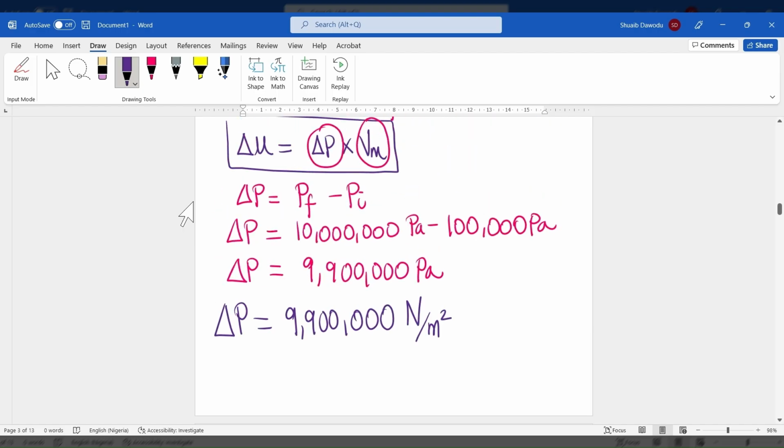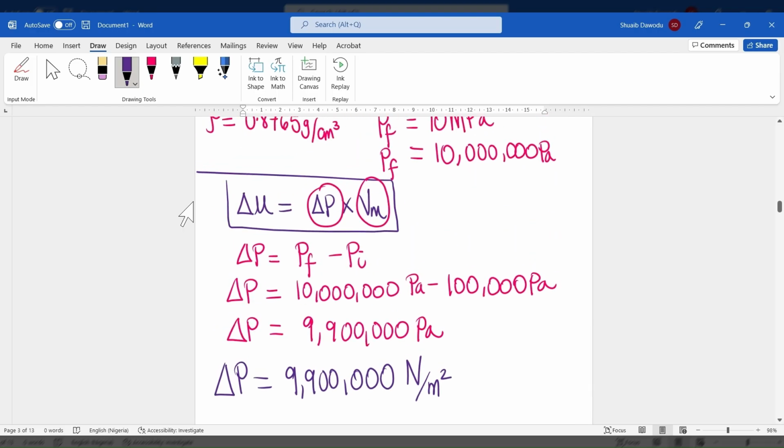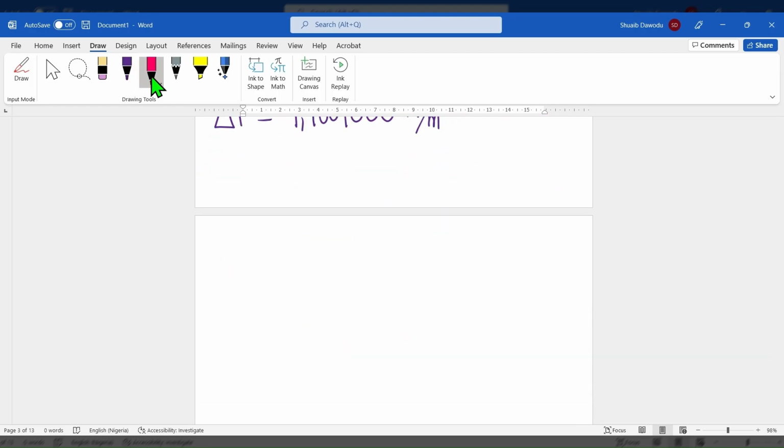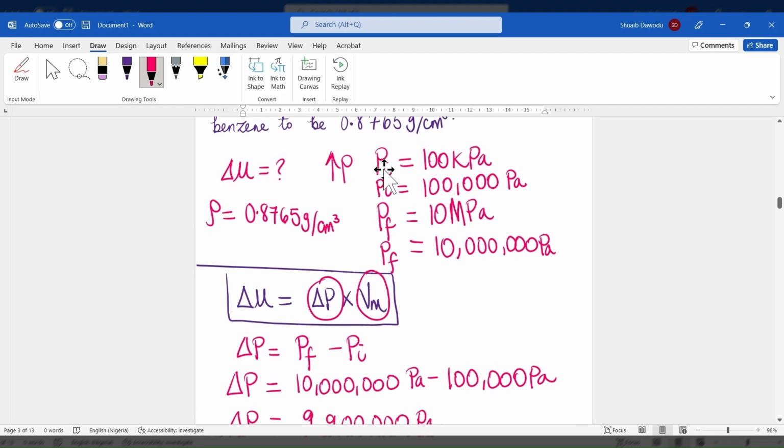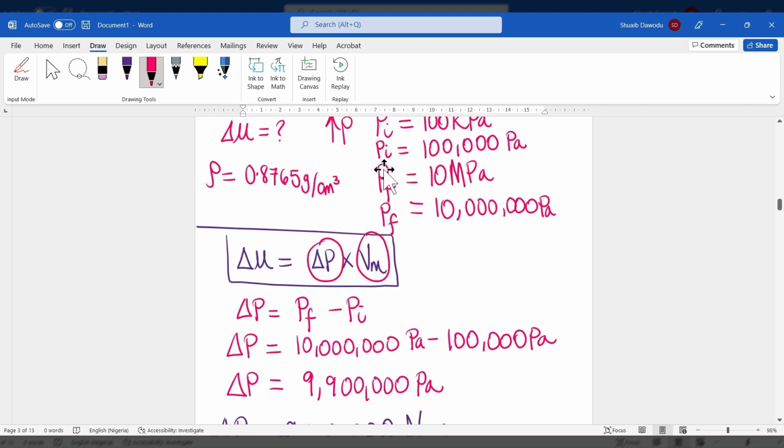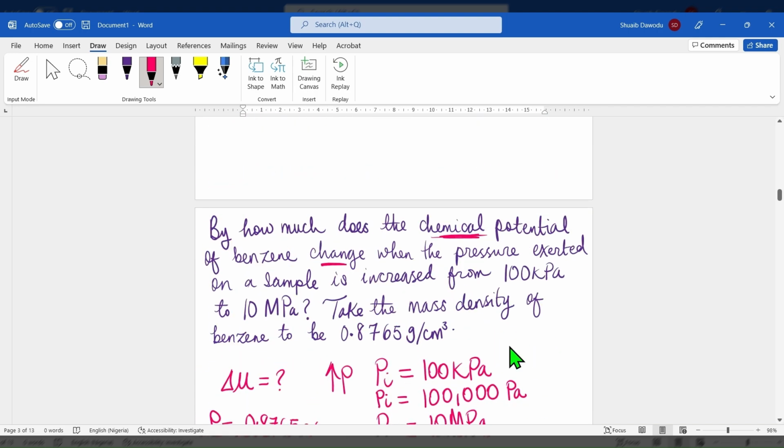Anyways, the molar volume is volume divided by number of moles. That is basically what molar volume is. Now you're going to be wondering, in order for me to get a molar volume, we're not given the volume, neither were we given the number of moles.